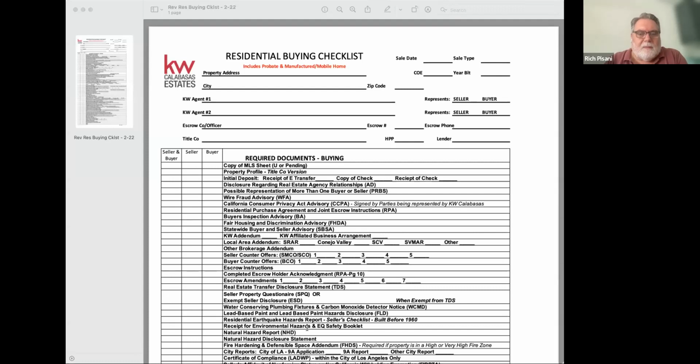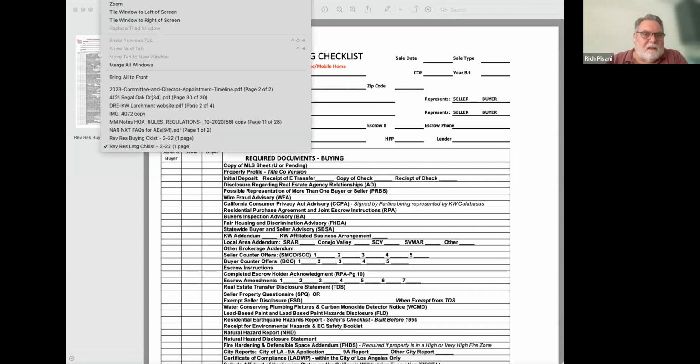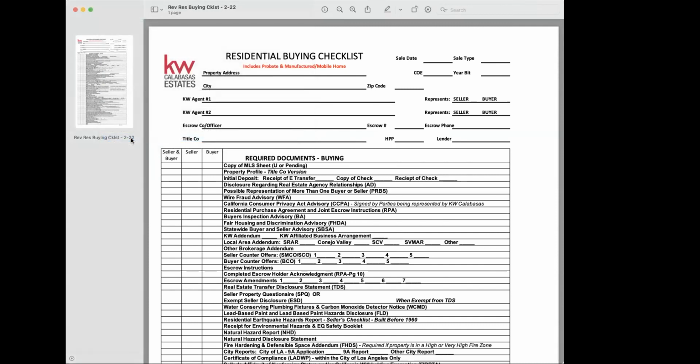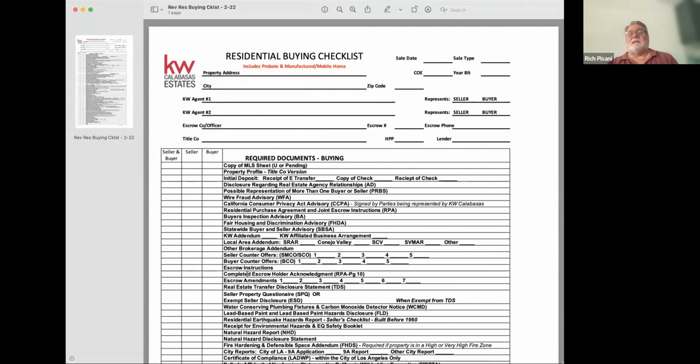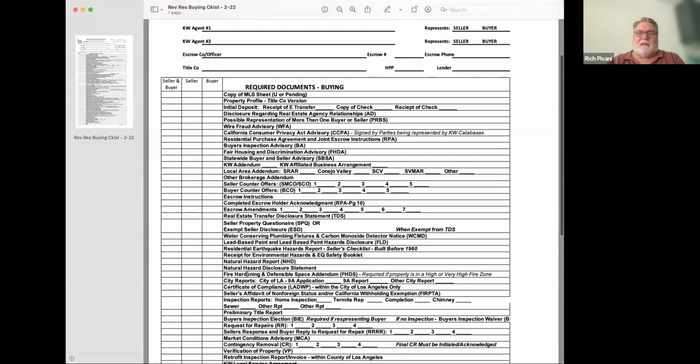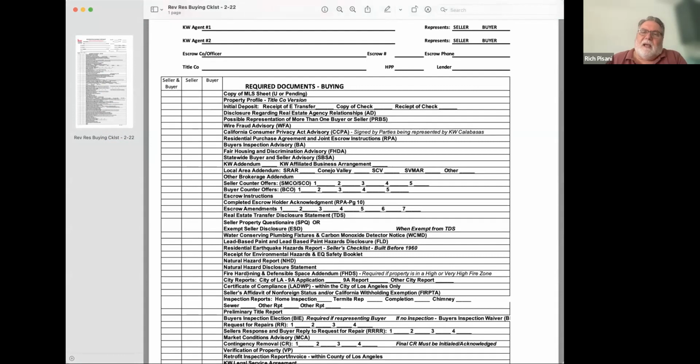So I'm not sure which checklist you're seeing. Is it listing or buying? Somebody want to tell me? Buying. Okay, great. So every one of the offices has this checklist. It shows what is required by the office in order to complete your file.